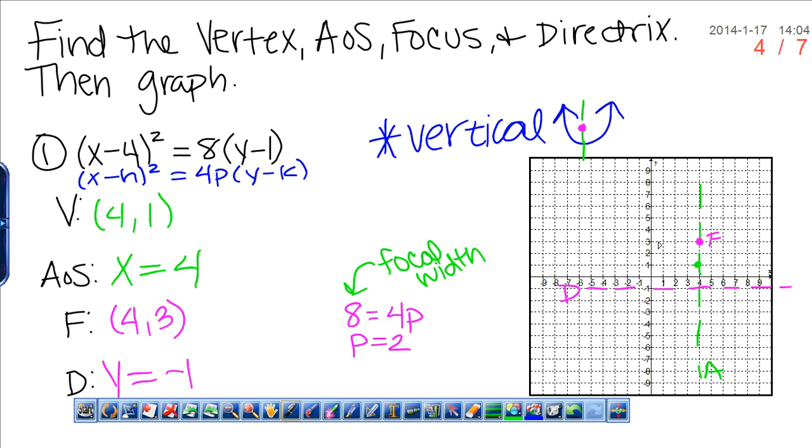So I'm going to go 4 units to the left of my focus and plot a point, and 4 units to the right of my focus and plot a point. Now I've got 3 points and I can sketch in my parabola. Questions?